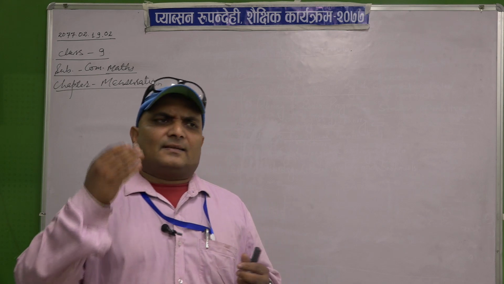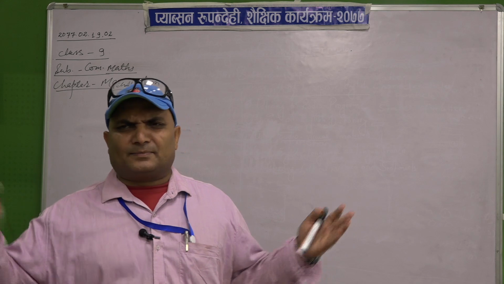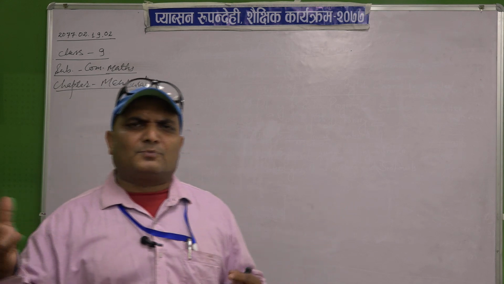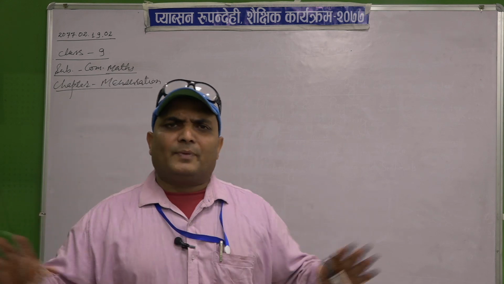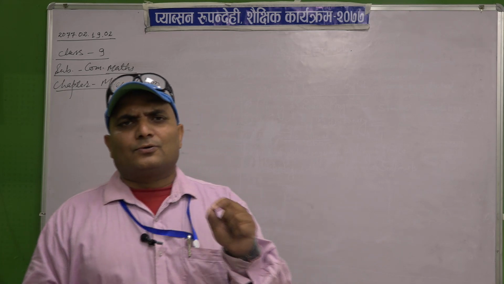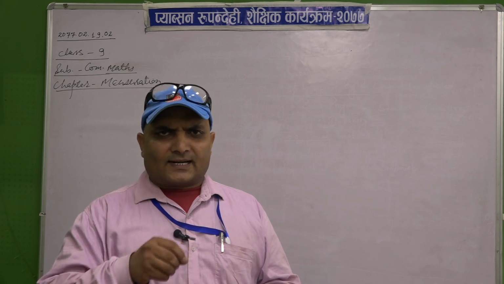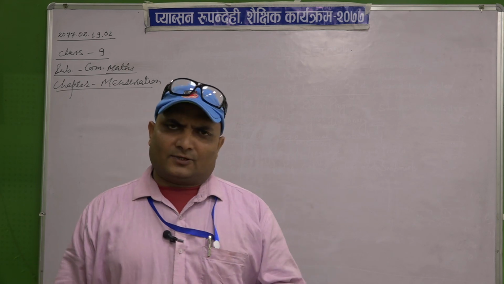In figures, a line, triangle, angles, many objects, plane objects or different objects, all we measure. So from the basic concept we will go. What is the measurement? From there we start, and then after we discuss furthermore.